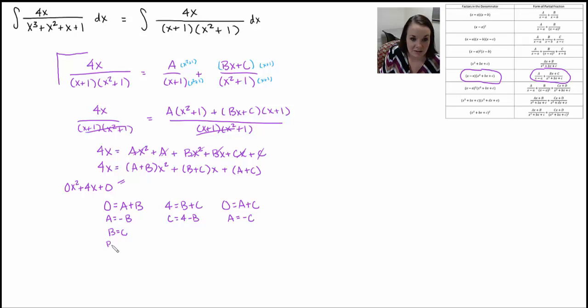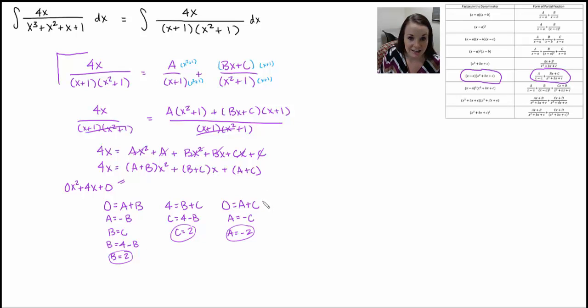So I can plug this in. b equals 4 minus b. When I add this over, I end up getting b equals 2. So that's one of my coefficients. When I plug that in here, I get c also equals 2. And then when I plug that in here, I get a equals negative 2.